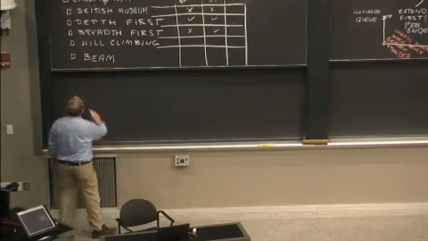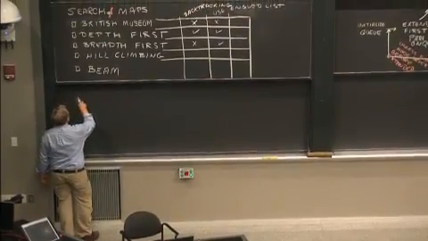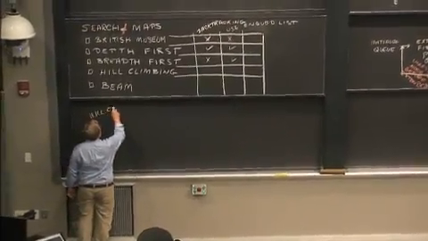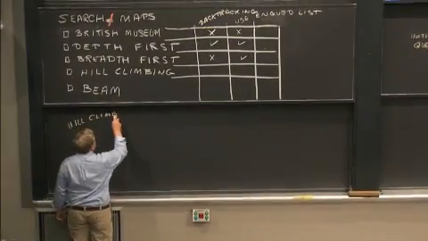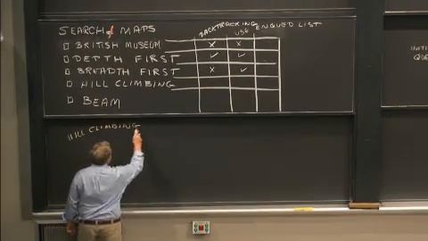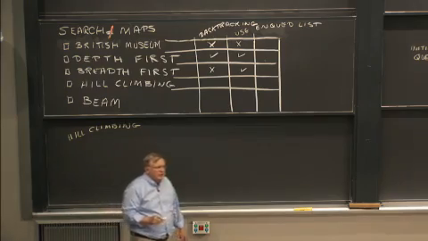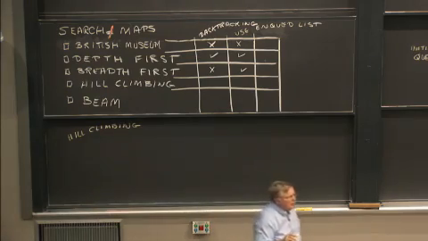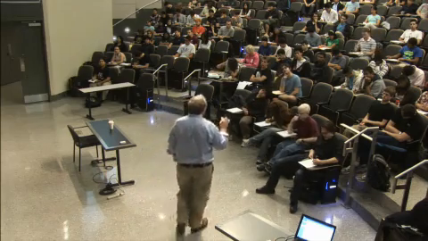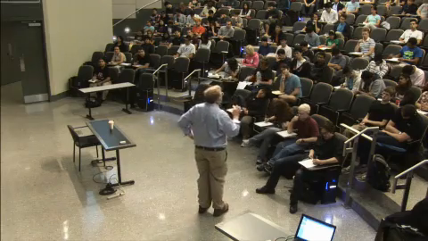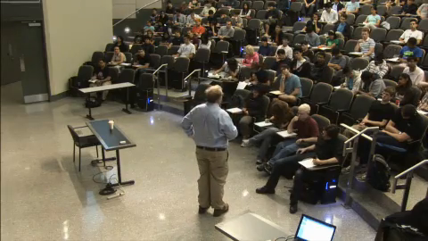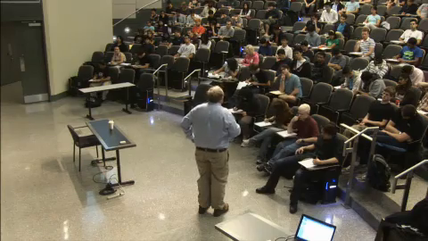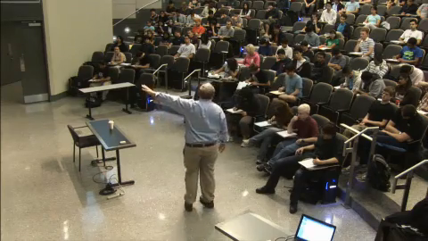which goes by the name of hill climbing. And it's just like Depth First Search, except that instead of using lexical order to break ties, we're going to break ties according to which node is closer to the goal. All right? Now, I went to some trouble to talk to you about this in queued list.